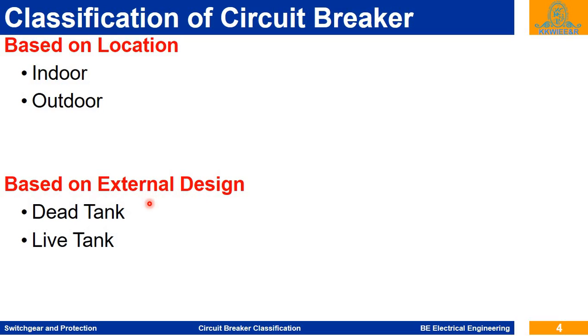In a circuit breaker, we open the contact at normal current or at the rated current, and when there is an abnormal condition, at that instant we again isolate the faulty section, so the contacts open. An arc is generated while opening the contacts of the circuit breaker, and for interruption of this arc, an arc interrupting medium is used.